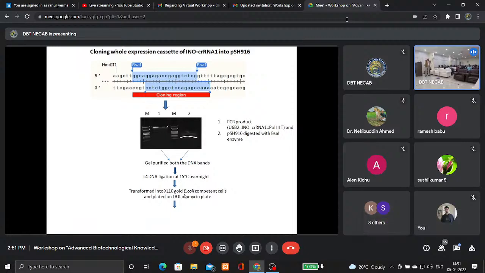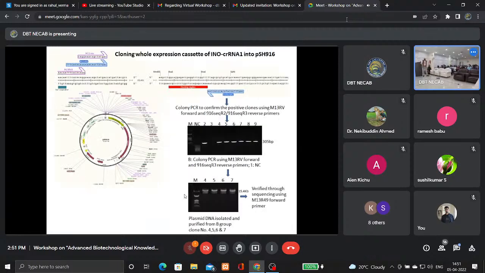916 with BsaI, and my PCR product is also digested with BsaI, and then we gel purified both fragments, ligated, and transformed the ligated product into E. coli. Here we plated it on a kanamycin plate, because 916 contains a bacterial selectable marker gene, that is kanamycin. And this is finally my vector.